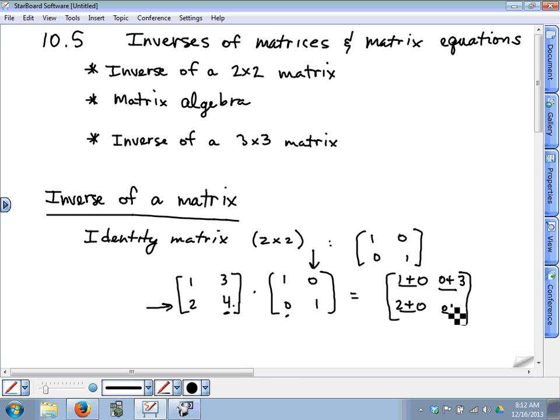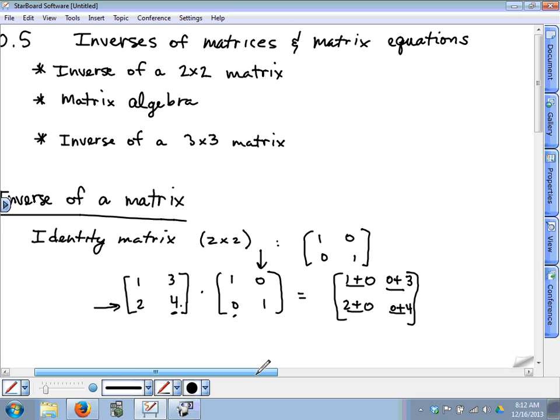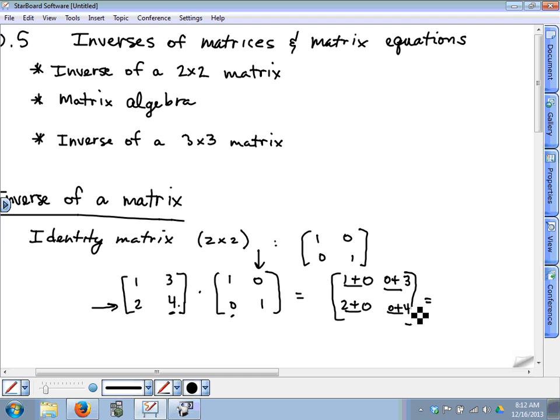That entry is going to be 0 plus 4. So we do, in fact, end up with the same matrix that we started with. This is called the identity matrix. For short, it's given the symbol capital I with a subscript of 2. That means it's the identity matrix for a 2 by 2.